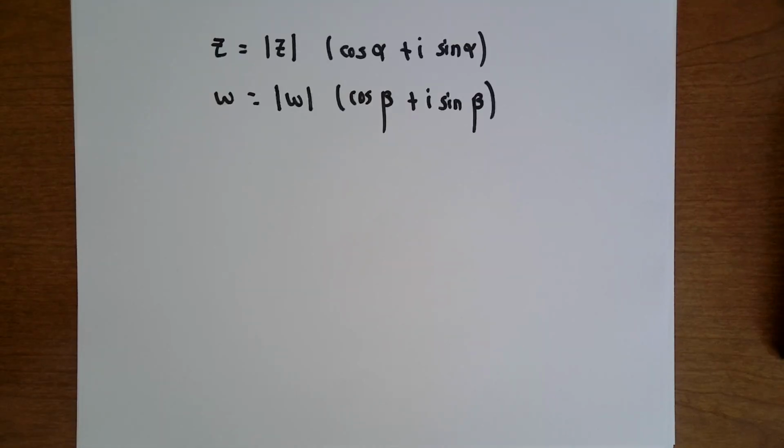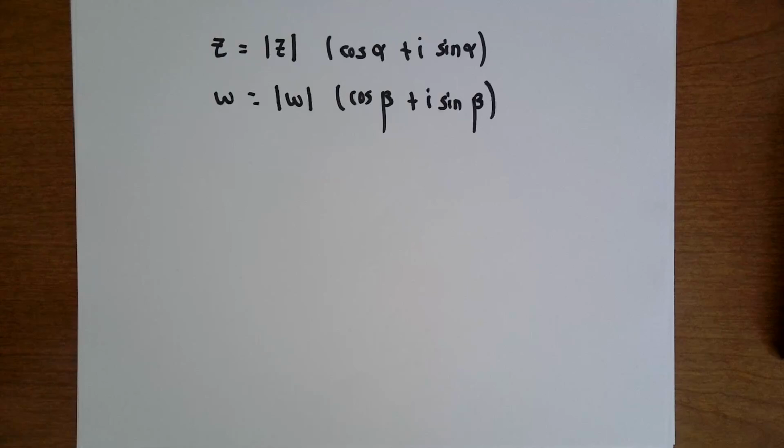Think of having a complex number, z. z is the modulus of z times the complex number cosine alpha plus i sine alpha. Alpha is the angle between the arrow that goes with the z number and the positive x-axis.